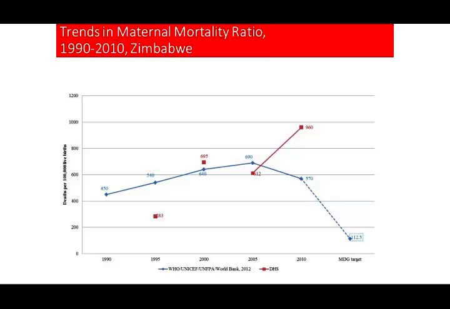If the maternal mortality ratio is going down, there's no doubt this system is working well. If it is static, there's no doubt this system is not working well. If it is going up, there is no doubt the system is collapsing.